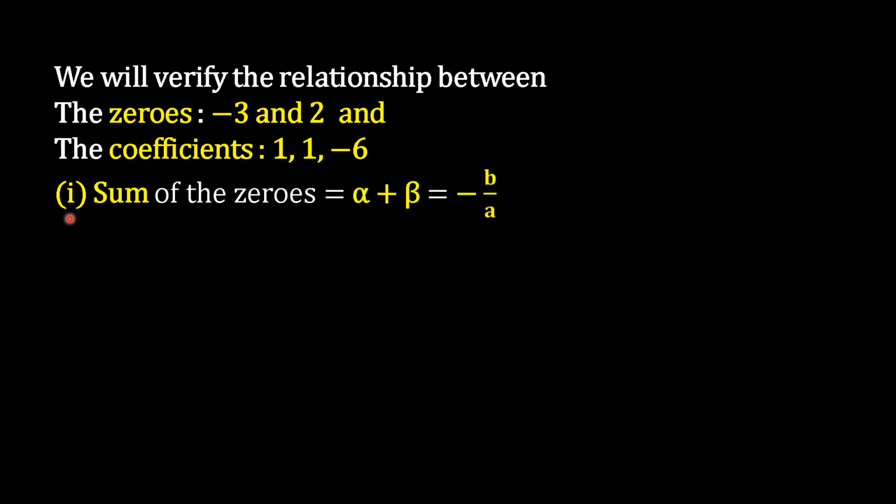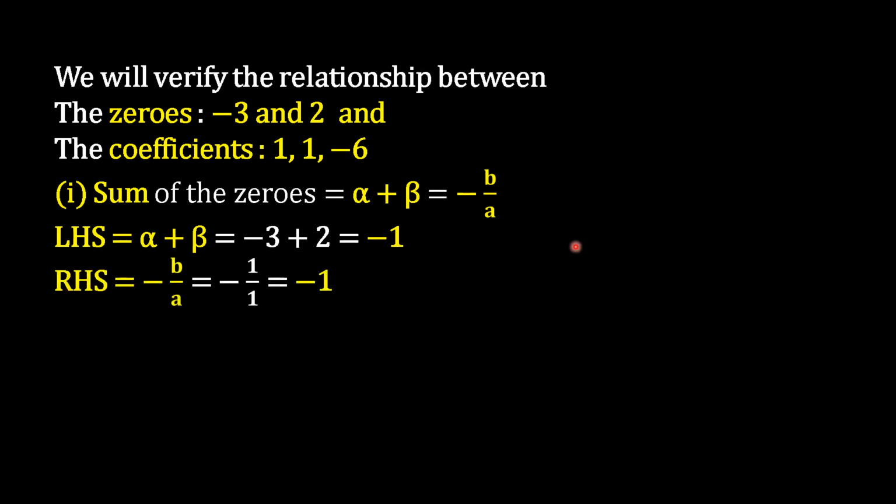Number 1. Sum of the zeros alpha + beta = -b/a. Left hand side alpha + beta will be -3 + 2, which is -1.